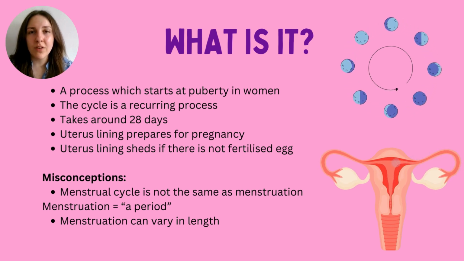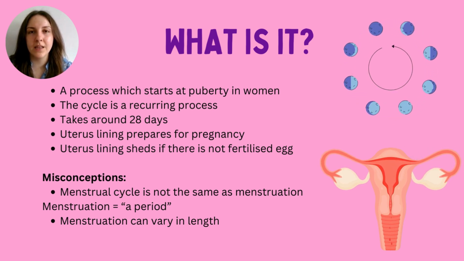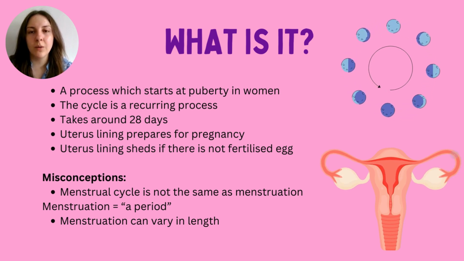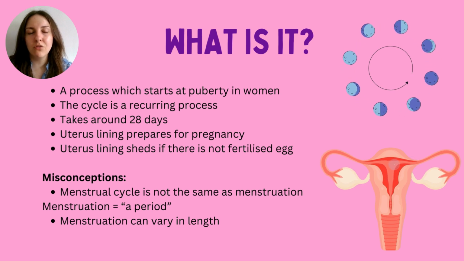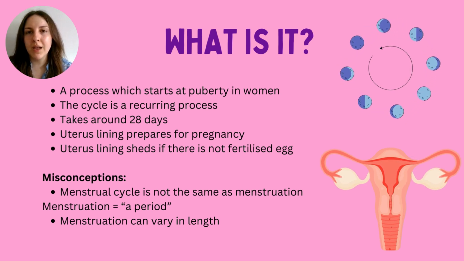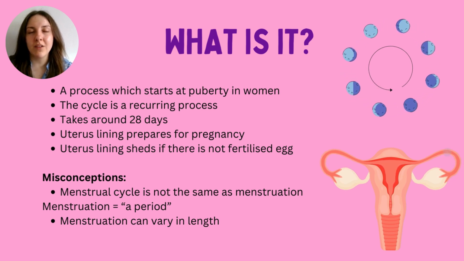And essentially the process allows the woman to have a child, because what's happening in this process of the menstrual cycle is the uterus lining is built up and prepares for pregnancy. And the uterus lining is essentially made up of a vascular network of capillaries and tissue that supports life as it grows and develops.